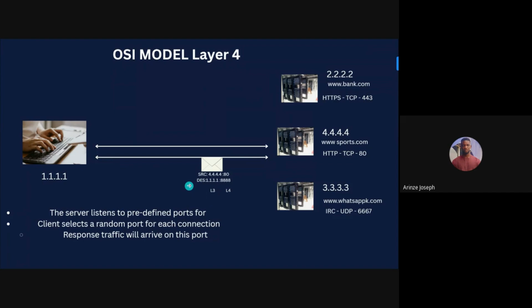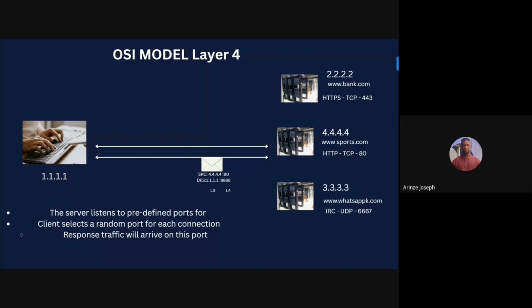What happens is that the message will take your IP address and add to it, and also add the IP address of the recipient of the message. And also, in addition to that, it will add the port that is needed for that message to get to or to be delivered to the recipient.